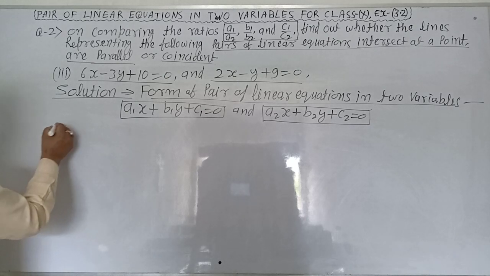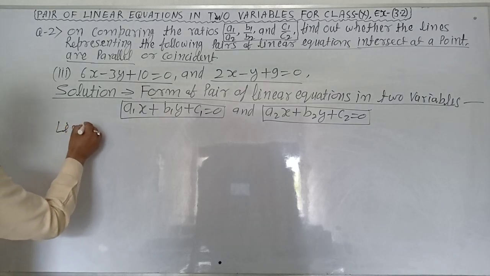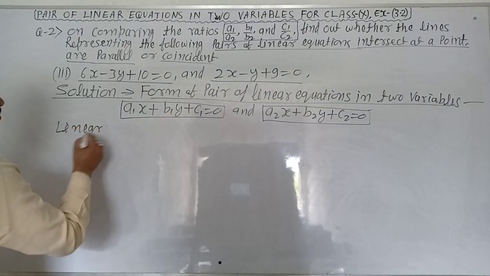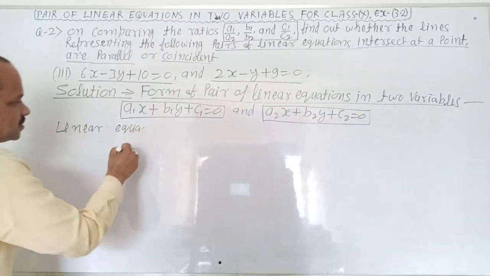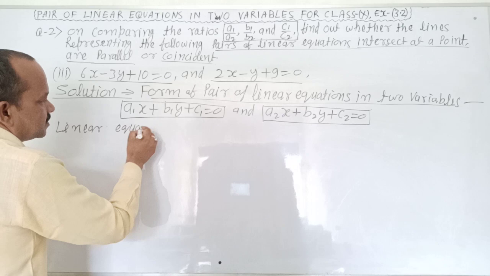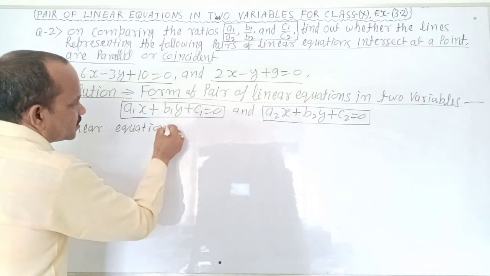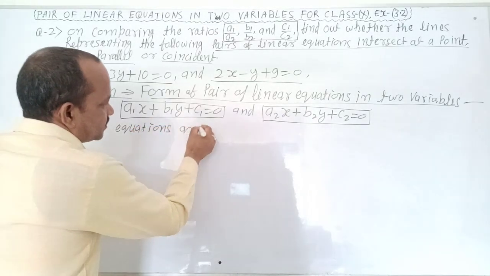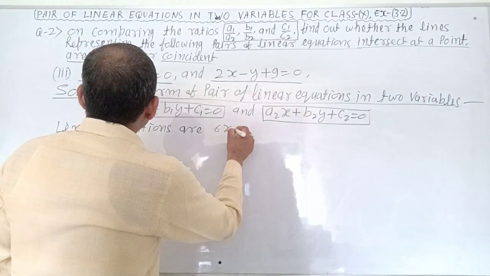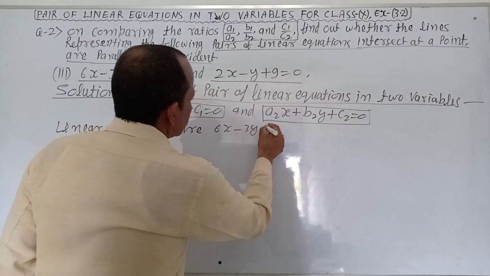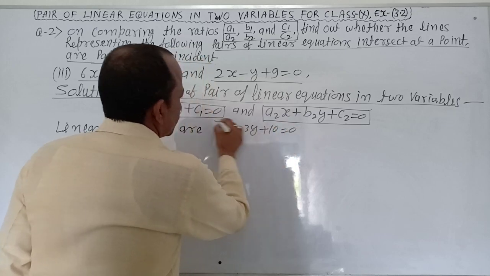Linear equations are: first, 6x minus 3y plus 10 equals 0.